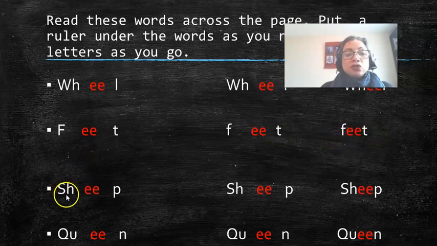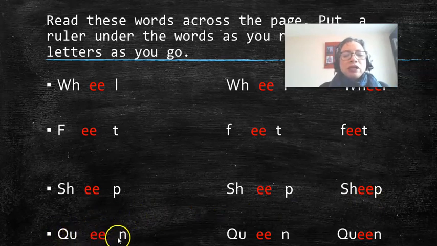Then "ee, p," and that is sheep. Qu, "ee, n," and that is queen.